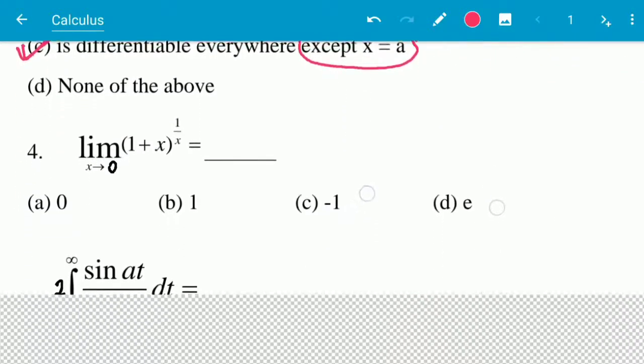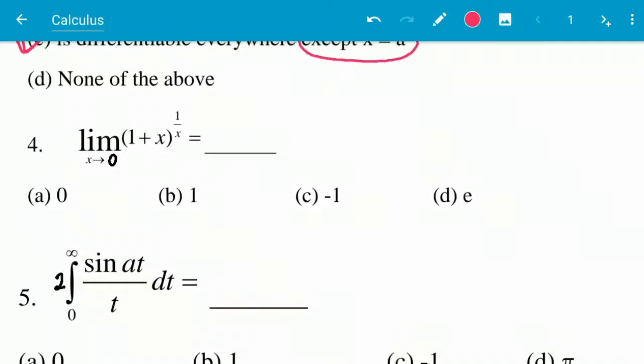Next question, limit x tends to 0, 1 plus x whole to the power 1 by x. In this question, the answer is e, that is option number D. And how can this be, we have to remember such limits.